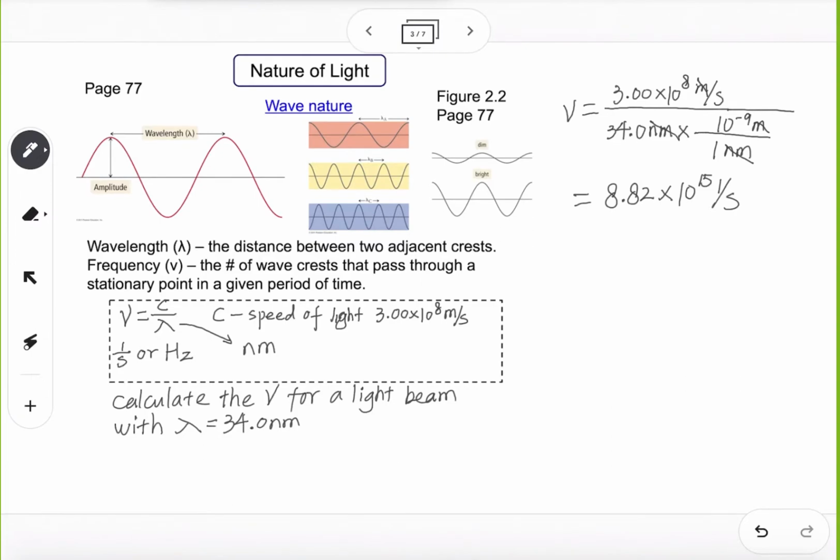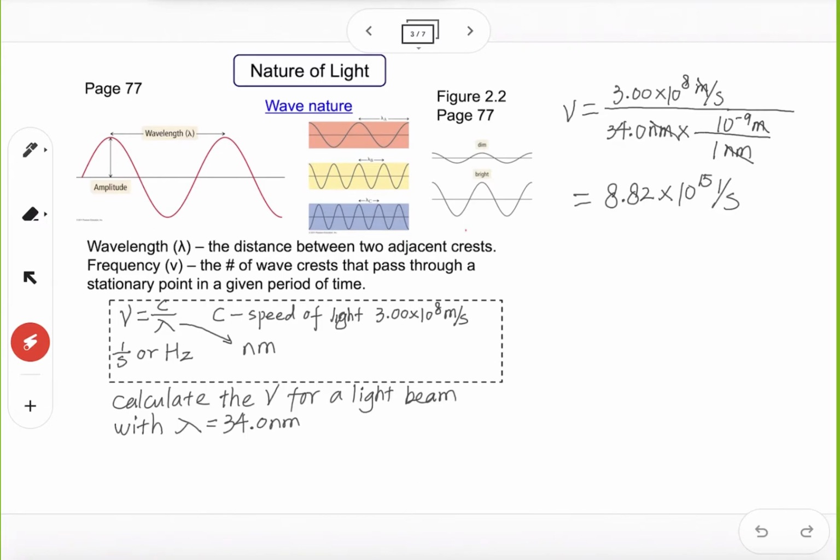And also because the wavelength is 34.0 nanometer, 3 significant figures, that's why we keep 3 significant figures for the final answer. Okay. So this is the connection between the wavelength and frequency.